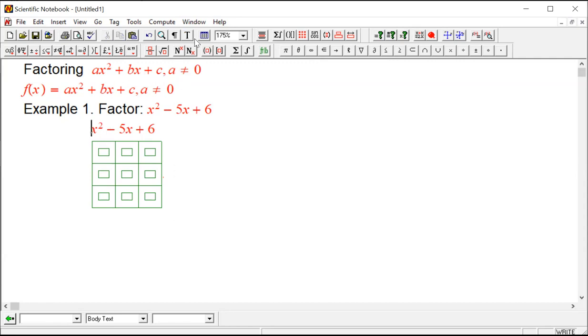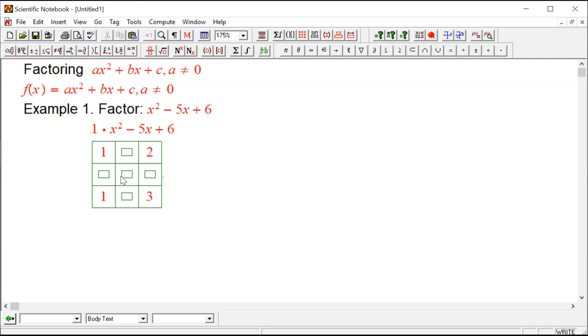In our case, a equals 1. So to set up this factoring, we take the 1: 1 equals 1 times 1. And 6 equals 2 times 3.